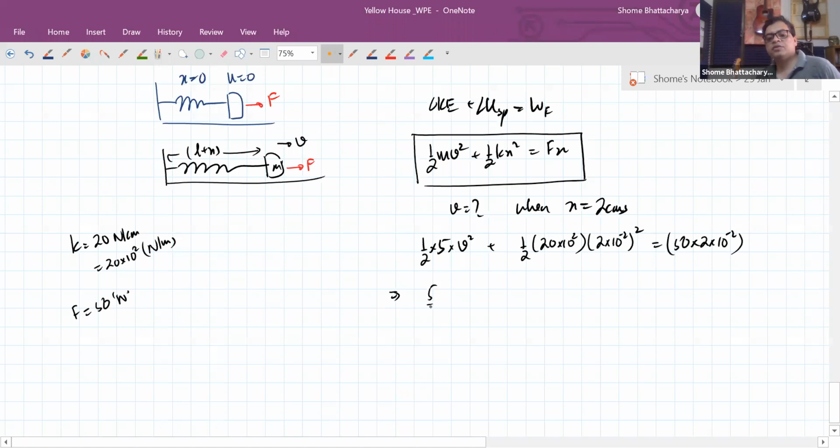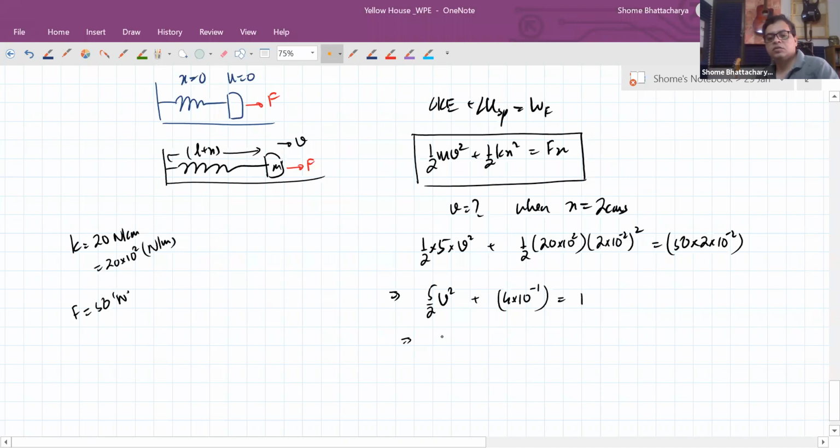So 5 by 2 v square plus this will become 4 into 10 raised to minus 1, I think. Yeah, so this should be equal to 1.